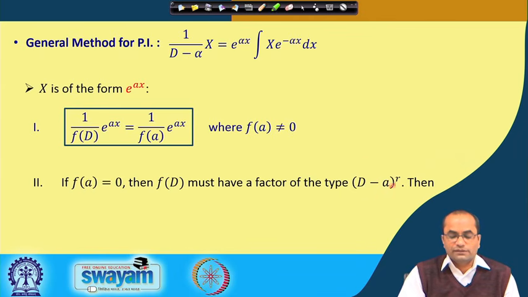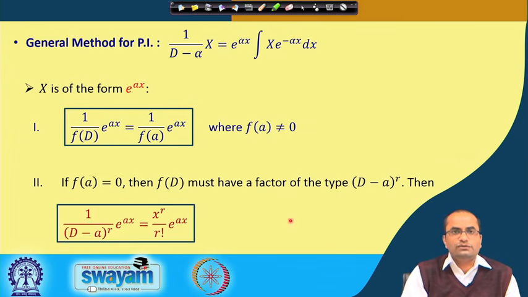Here r can be any integer 1, 2, 3 and so on. In that case we have also derived that 1 over (D minus a) power r, applied on the exponential function, gives x power r over factorial r times e power a x.